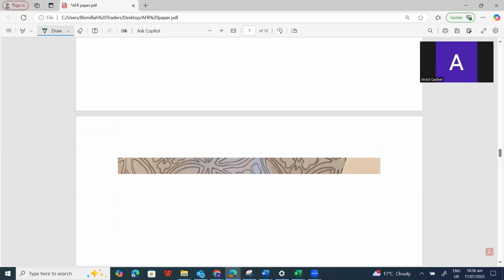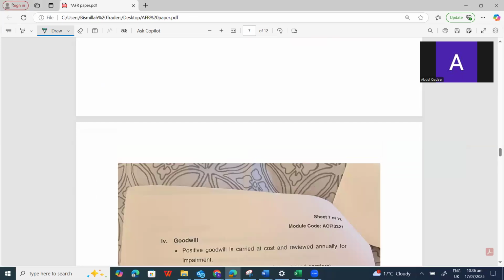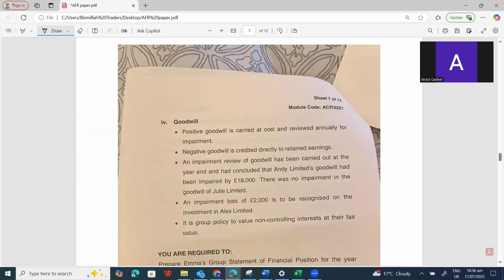So Andy Limited's goodwill had been impaired by £18,000. There was no impairment in Julie Limited. An impairment loss of 200,000 is to be recognized in the investment in Alex Limited, but now we are doing Julie Limited. For Andy Limited, the one step only, 18,000.